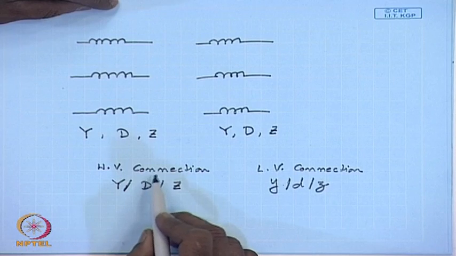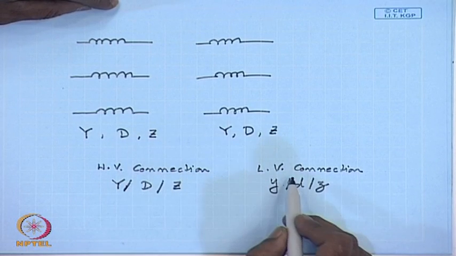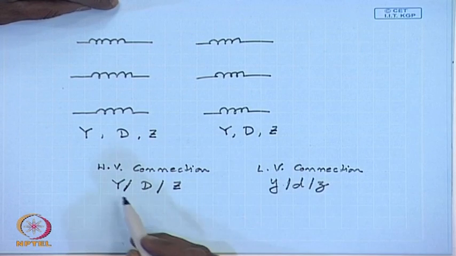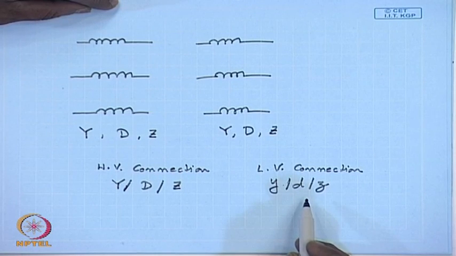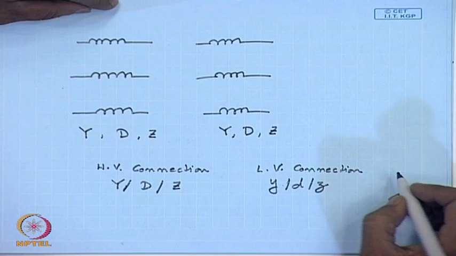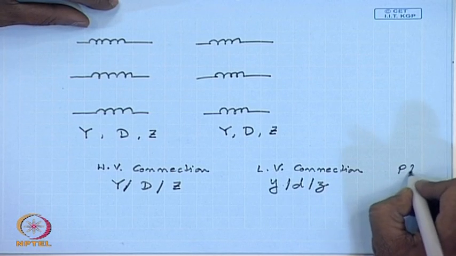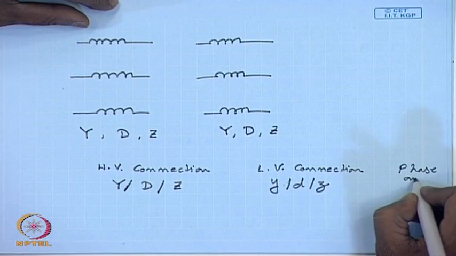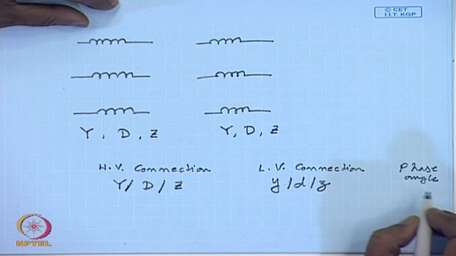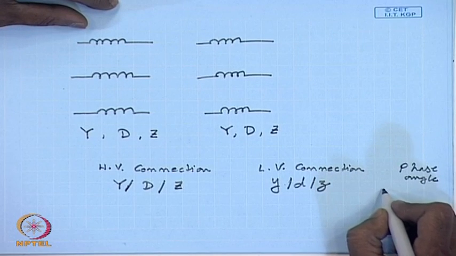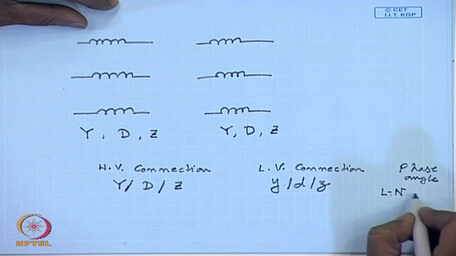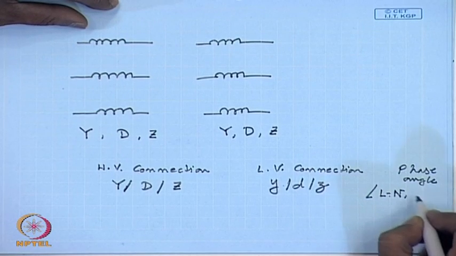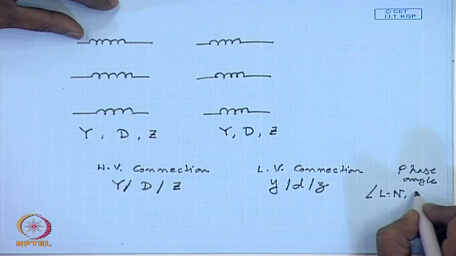So, when we specify the winding connection on the high voltage and low voltage sides, in addition to specifying whether they are star, delta or zigzag connected, we will also have to specify the phase angle between the high voltage line to neutral phasor and the low voltage winding line to neutral phasor.